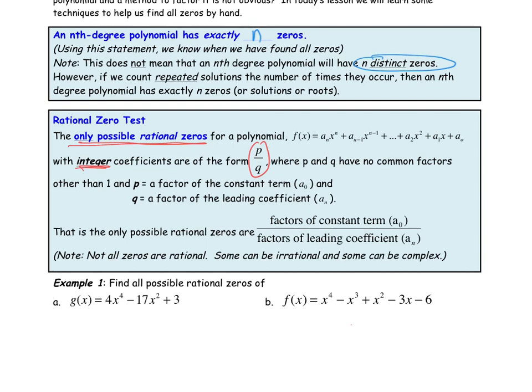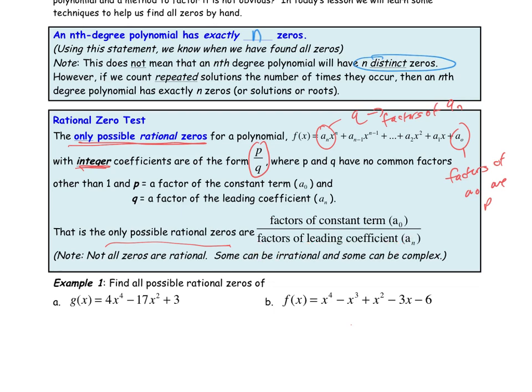P is a factor of the constant term, so factors of a sub 0, and q are factors of the leading coefficient, a sub n. To put it in other words, the only possible rational zeros are factors of the constant term divided by factors of the leading coefficient.